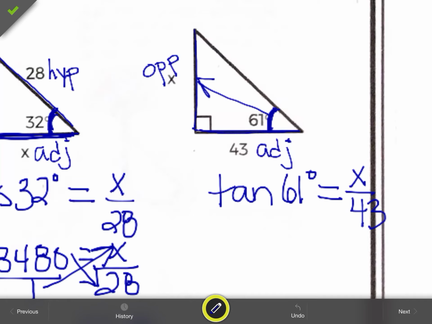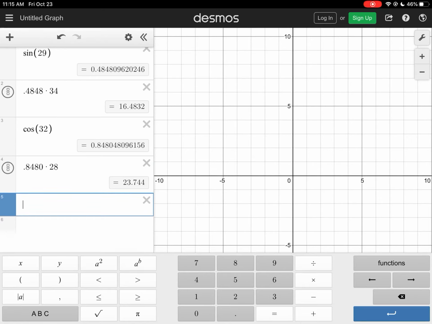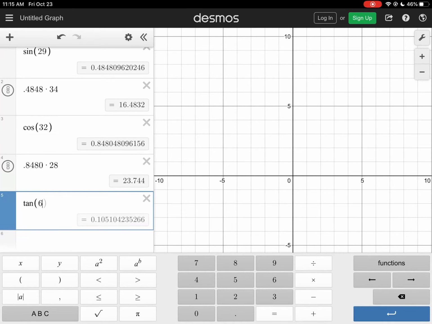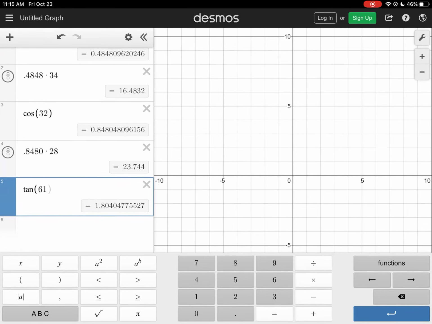So now we need to change tangent 61 into a decimal. We're glad we have Desmos because in the olden days, I'm dating myself, we used to have to look these up in the back of our math book and follow this big, huge chart. So you guys just have to type it in the calculator.